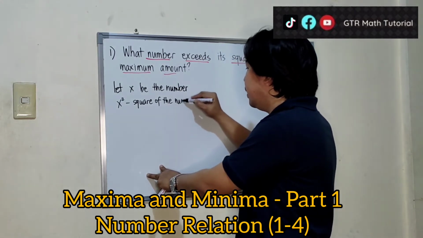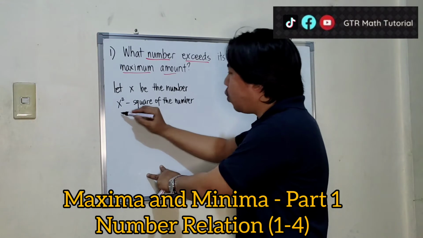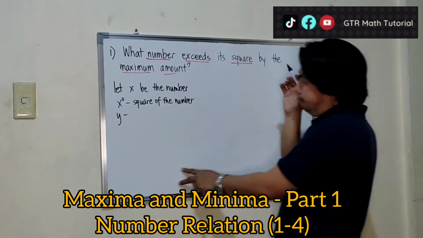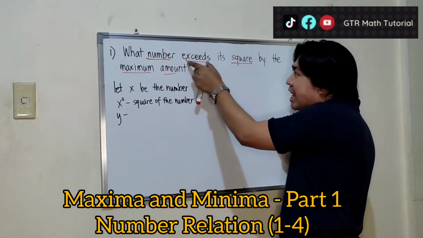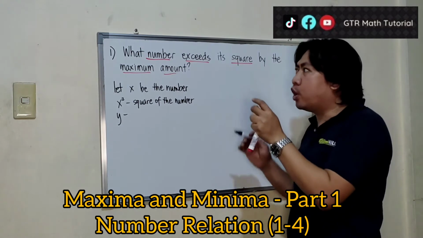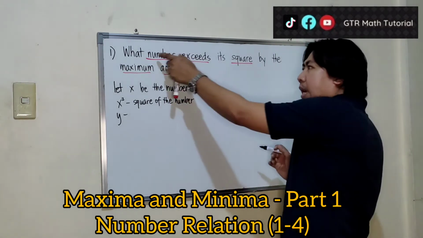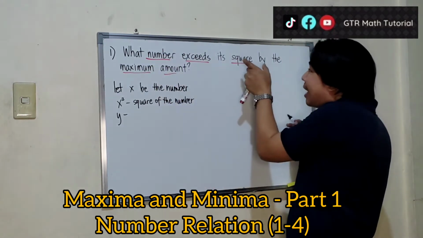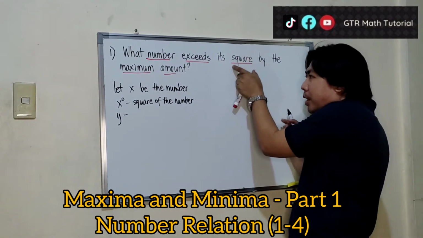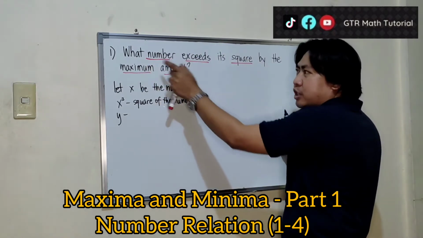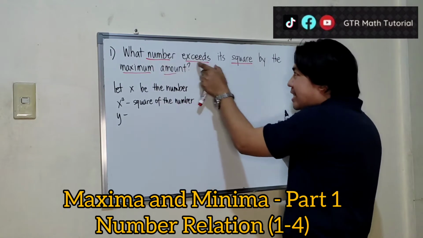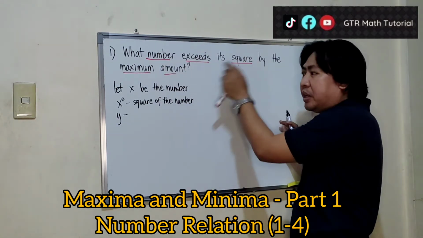Then let y be the difference. Since the number exceeds its square, that means we're going to subtract. Since the question is, what number exceeds its square? Exceeds, so we need to subtract.